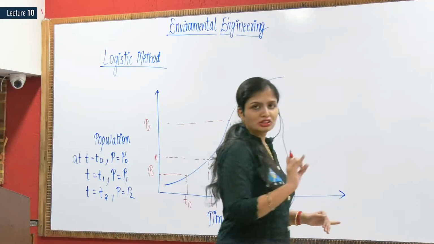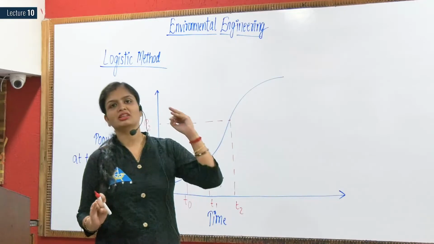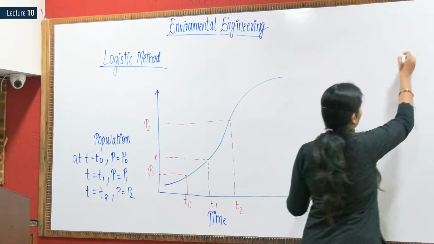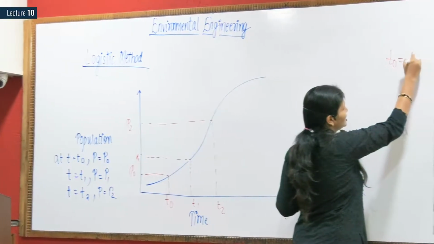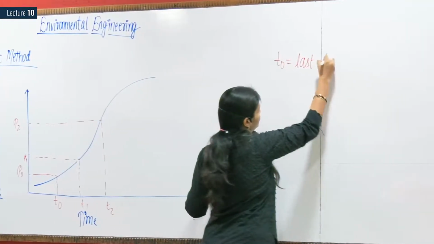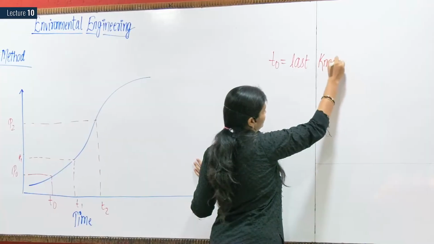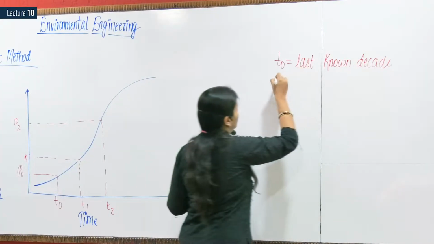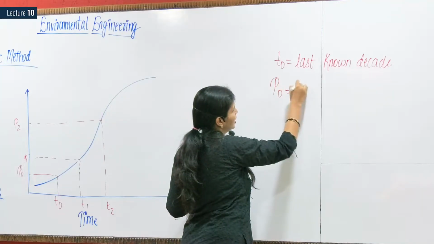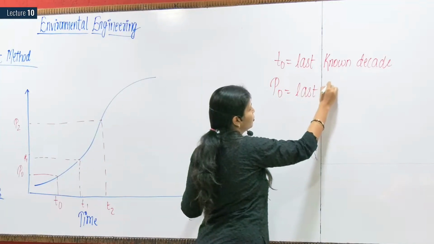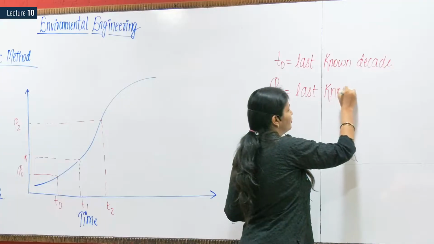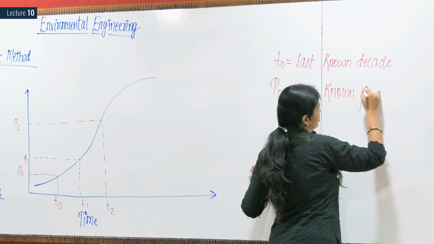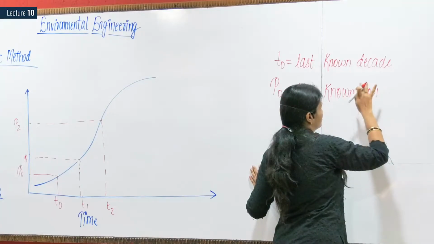If you remember, in the arithmetic method, geometric increase method, or incremental increase method, t naught was the last known decade, and p naught was the last known population which you recorded.